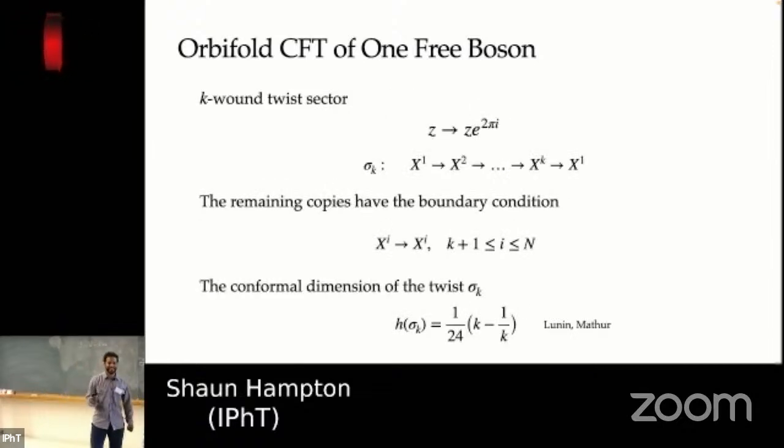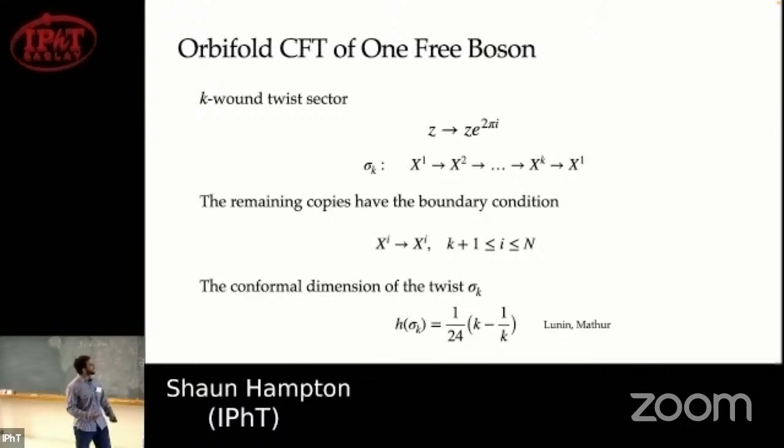Let's take k copies out of the n total copies, and act with a twist operator of order k. As we go around 2 pi in the complex plane, x1 goes into x2, x2 goes into x3, and so on up to xk, and then xk goes back into x1. The remaining copies just go into themselves.